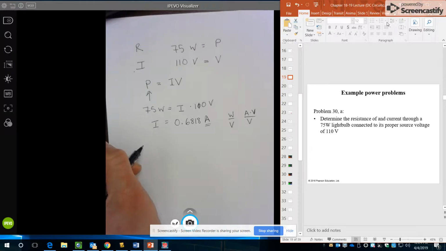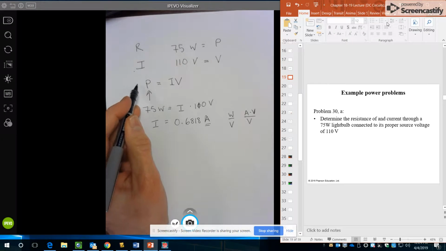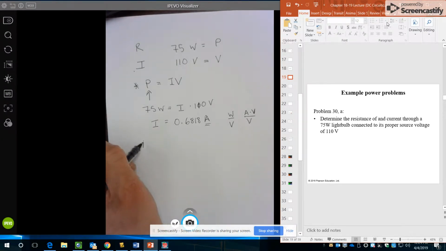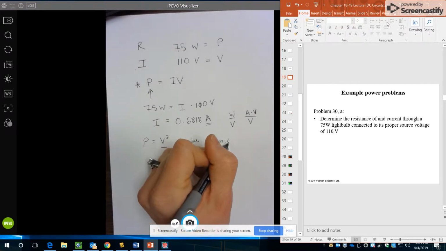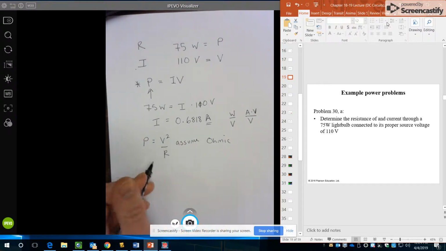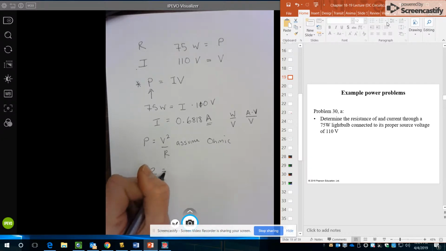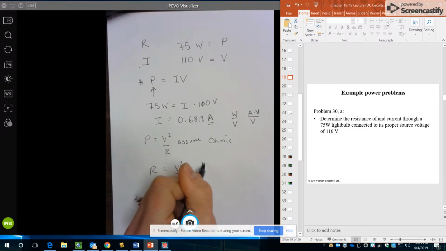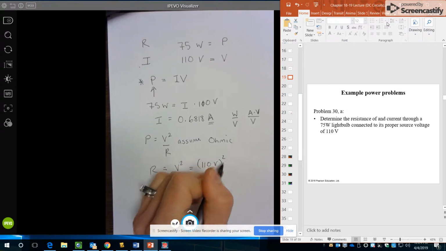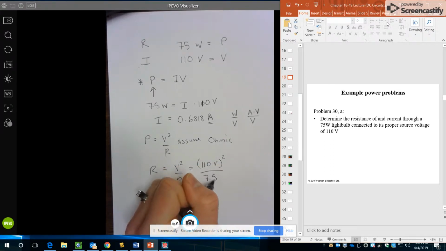And in order to find resistance, we're going to have to model it. So P equals IV is always true, whether a device is ohmic or not. When we switch to P equals V squared over R, we're assuming that the device is ohmic. And light bulbs aren't really ohmic, so this is an estimate. So resistance is equal to V squared divided by power, voltage squared of 110 divided by power of 75 watts.